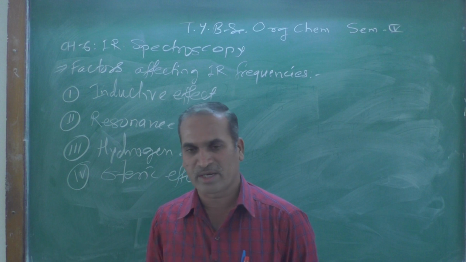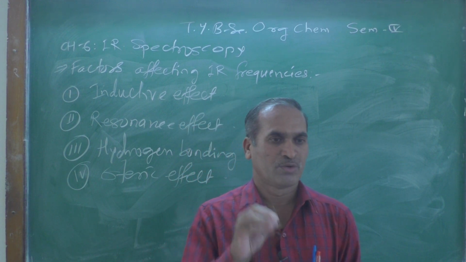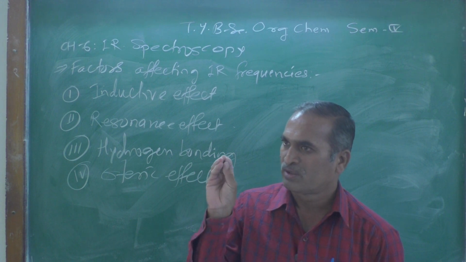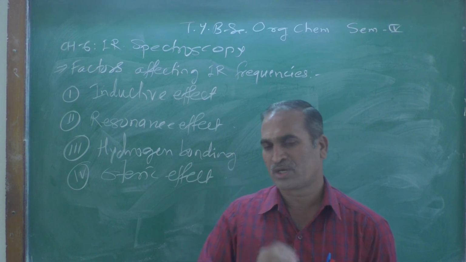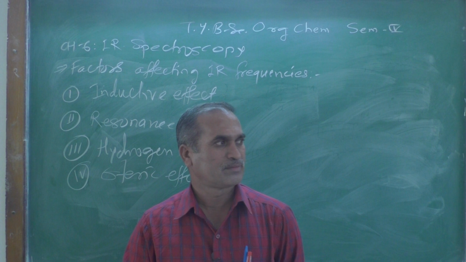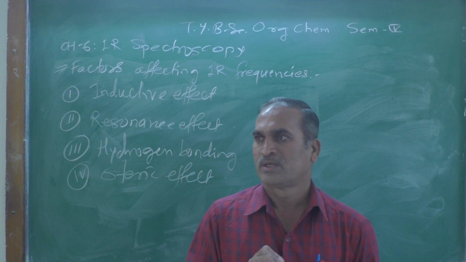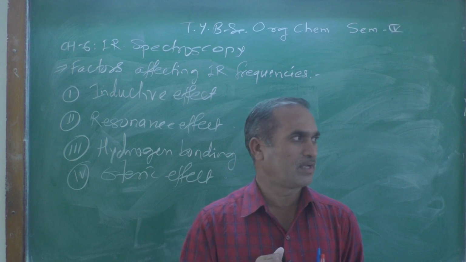Out of those 118 elements, few are capable of forming hydrogen bonds. First, those atoms have strong electronegativity.